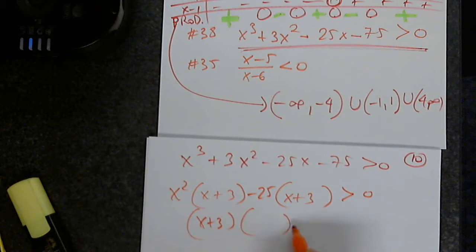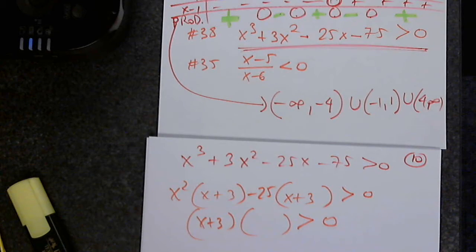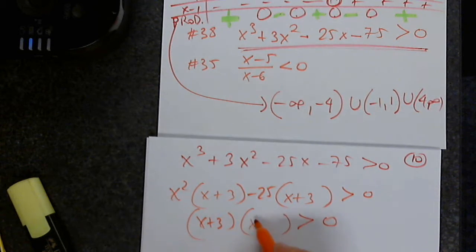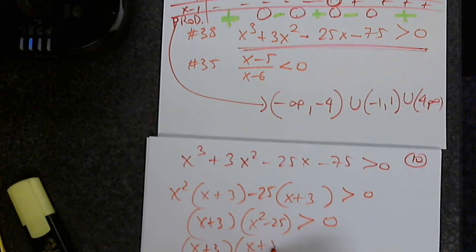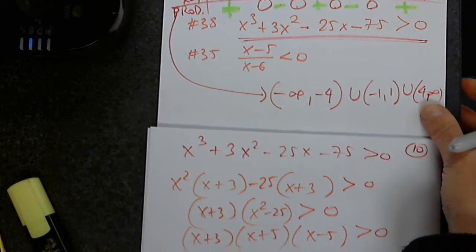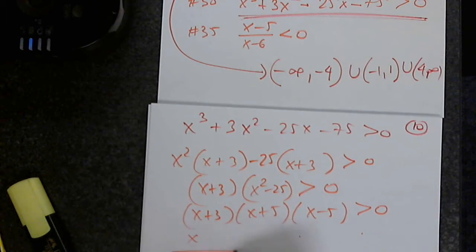And what is left in parentheses? X squared minus 25, which is x plus 5, x minus 5. And then you make the chart. I already have things.